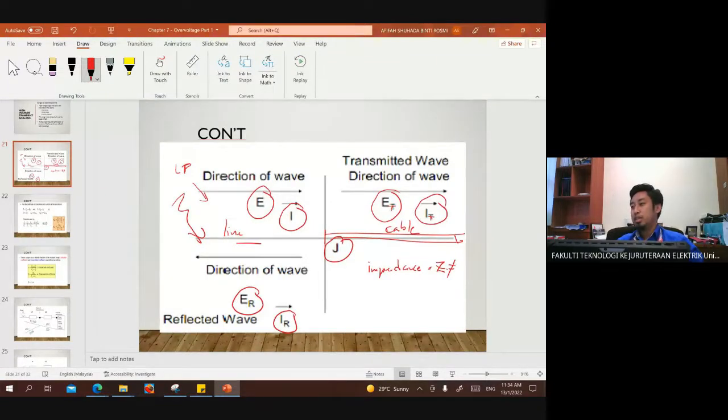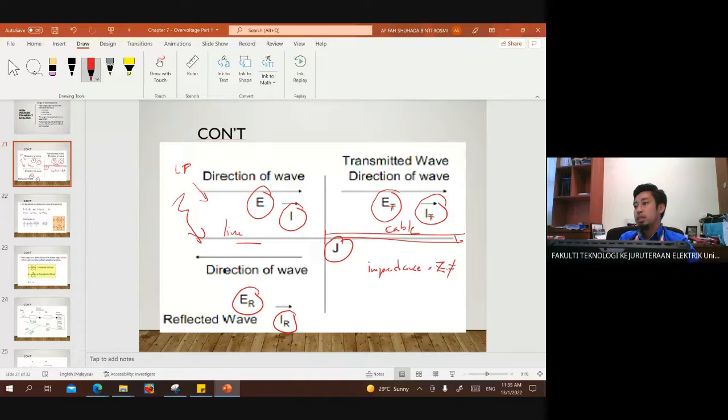Tapi bila dia jumpa satu junction, bila impedance dia dah nilai berbeza, so dia akan menyebabkan satu reflection signal, dia akan patah balik. Tapi still ada juga dia punya wave tu yang akan lepas. Yang tu kita panggil sebagai transmitted wave. Yang reflected balik, dia akan masuk balik dalam kabel.